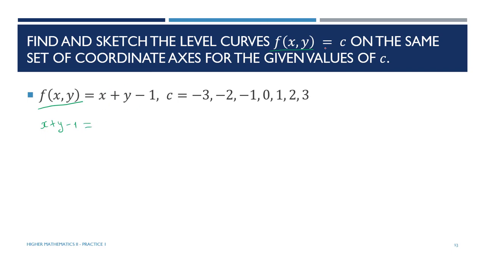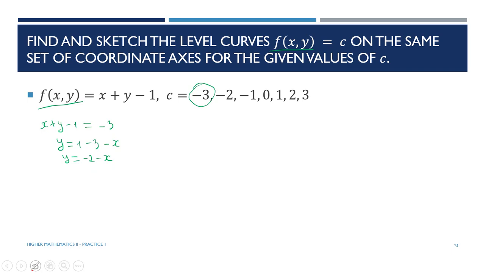Instead of c, I'll take -3 first. So y equals -2 minus x. This is the first level curve.